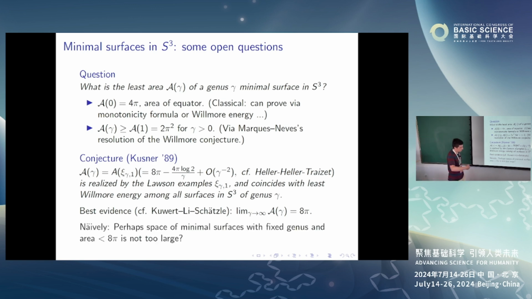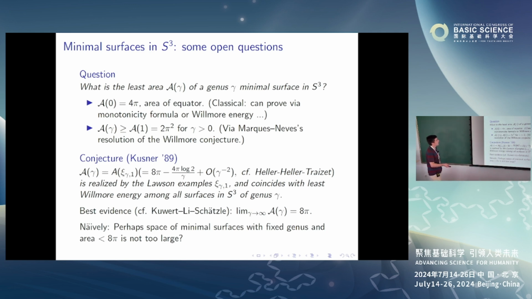And all right, so naively, if you're hoping to classify least area minimal surfaces, maybe you could ask that the space of minimal surfaces with fixed genus and small area below this threshold is not too terribly large. Already, if you know a little bit about Kapouleas's work, you know it shouldn't be too small either.